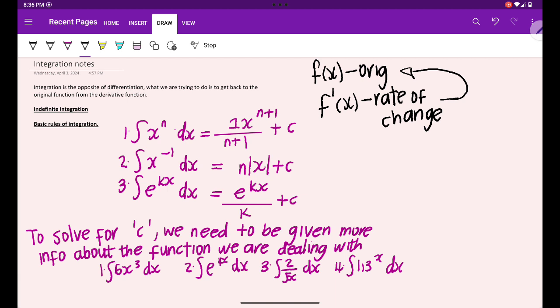But with definite integration, you are moving from one point to another and you are evaluating the function. When I say evaluating, I mean if you are moving from 1 to 2, this is how definite integration plays out.